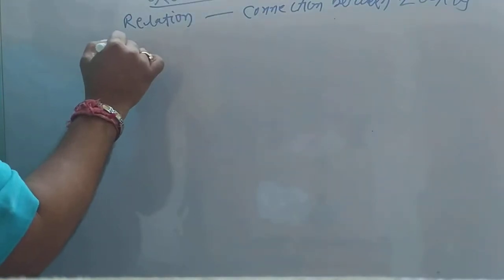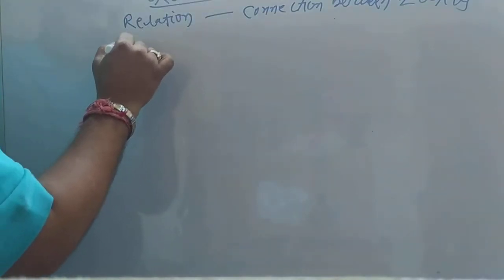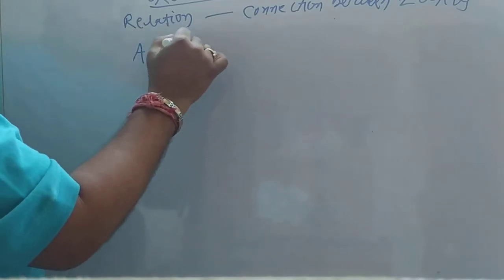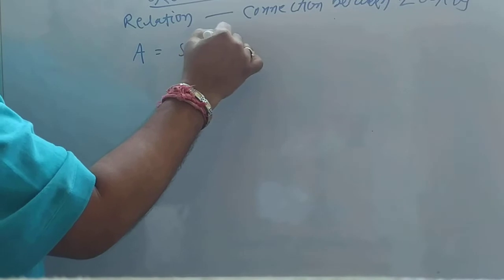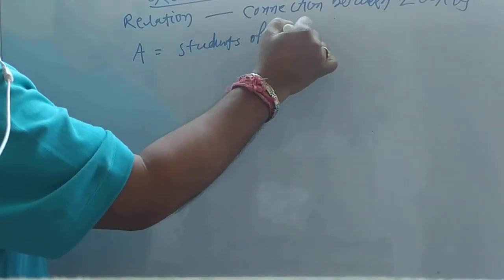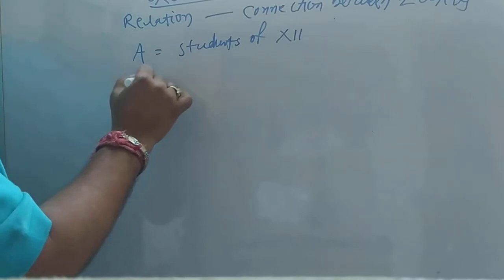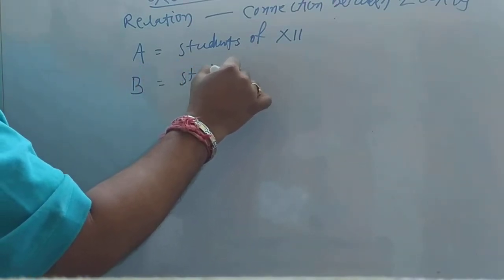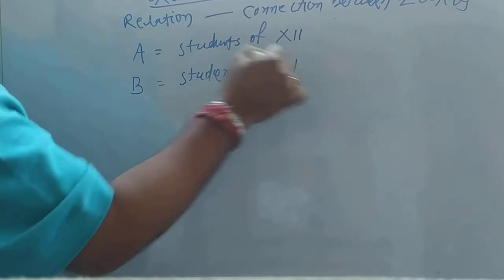For example, let us take two sets: A, students of class 12, and B, students of class 11.